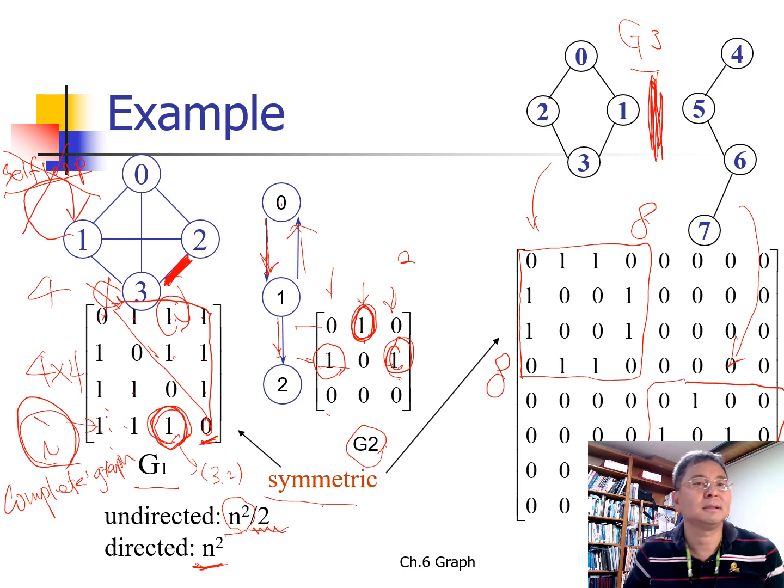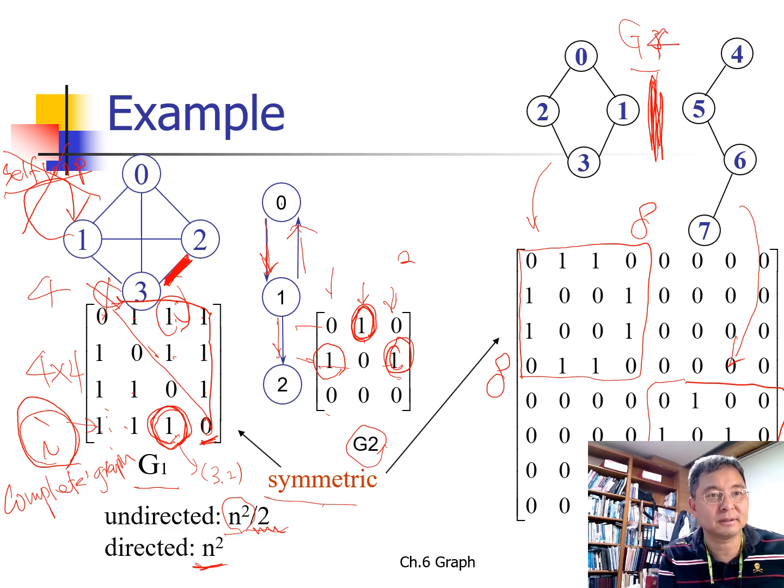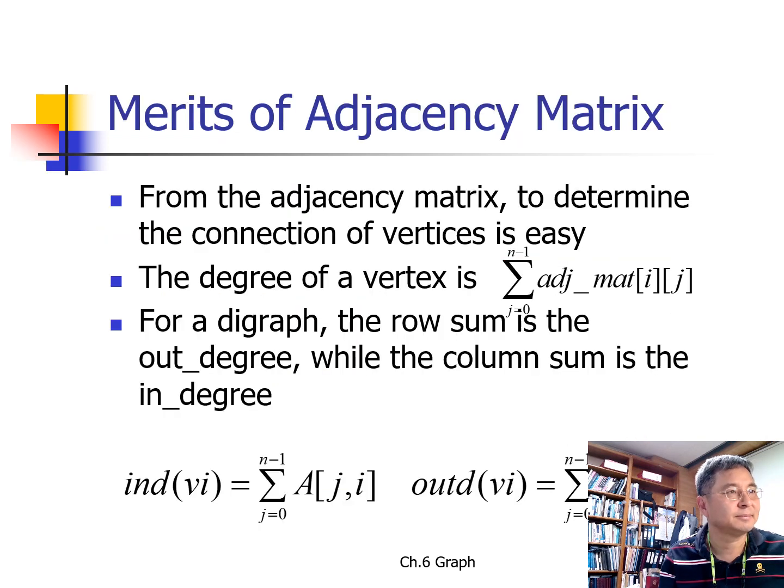Okay, and all of the other elements are 0, which means that these two components are not connected. This is G4, okay, not G3, yes, G4. So G4 is here. Okay, this is an example of an adjacency matrix.